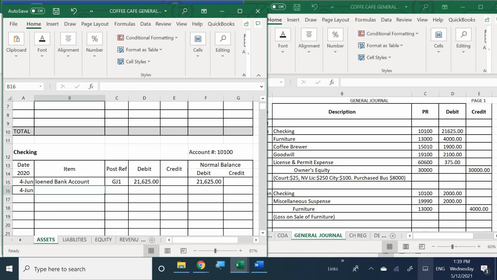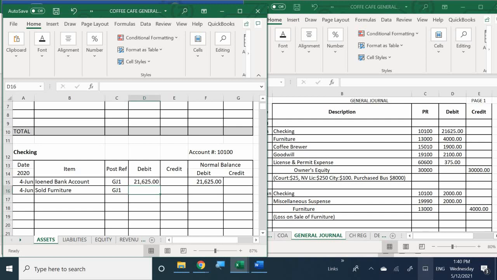In this case, I'm going to say sold furniture. That's what I did. And this is going to be my general journal number 1. As you saw, Excel recognized what I was trying to type, so you can use the autofill. In this case, I used the autofill.